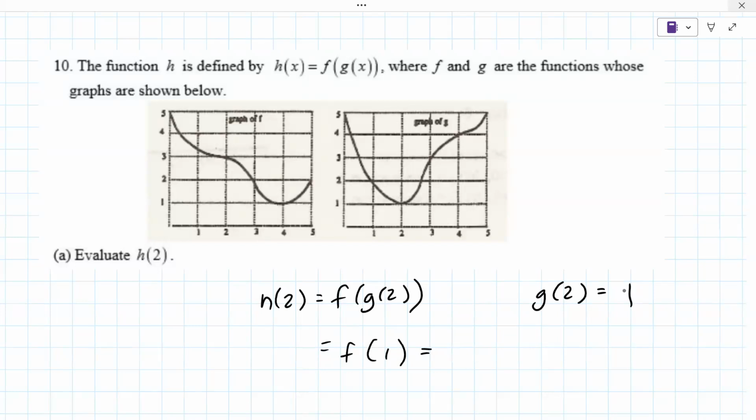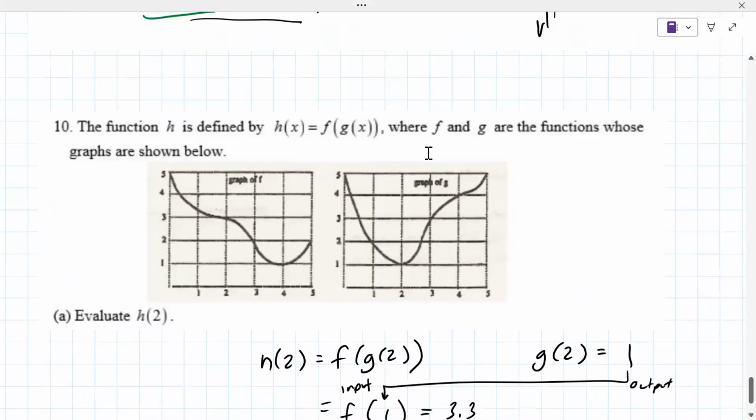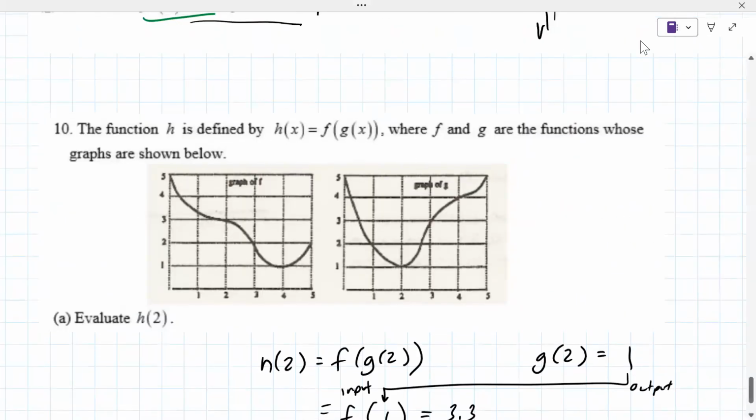F of one would be, wait, the output becomes the input, so like 3 point something. Whatever, 3 point something. All right, good. Now part B is based on this function again.